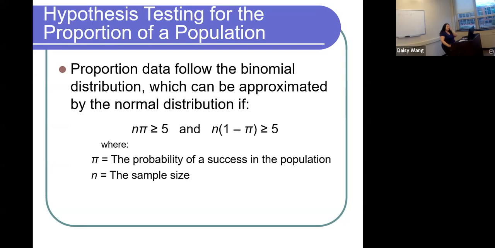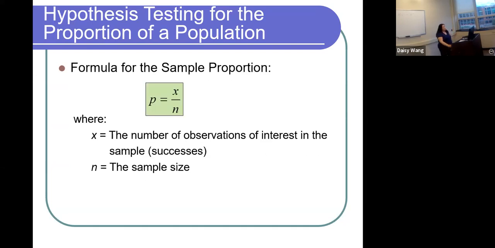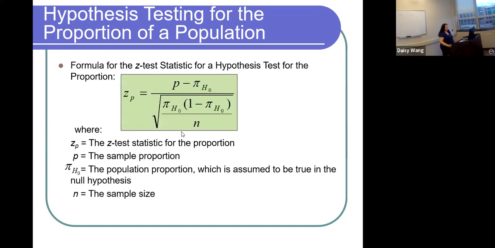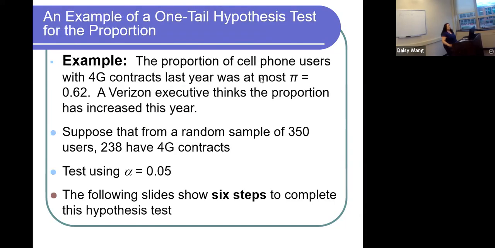So the key function is proportion. And this is P, the population proportion, and mu is the, and we have the proportion.